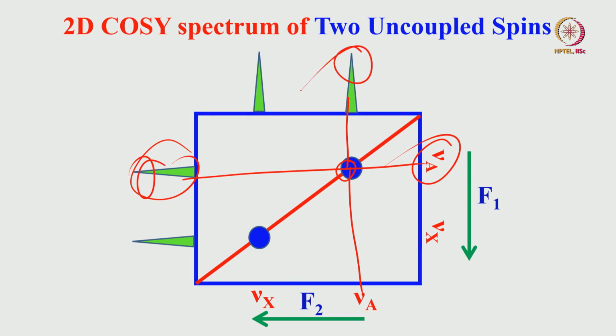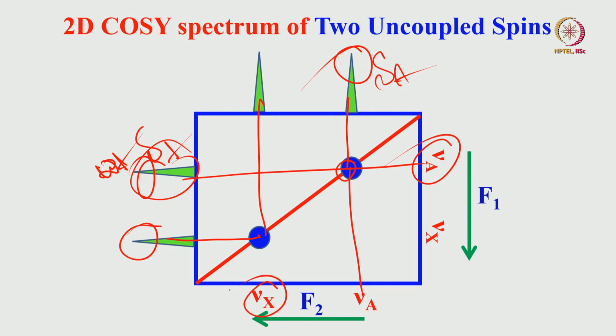So if I say this is nu A, corresponding to frequency A or chemical shift A, this also is chemical shift A. It is on the diagonal. Now come to this peak. Again, sitting on the peak, go horizontally you get a peak, go vertically up you get a peak, and this is frequency X. That means this is also X, this is also X.